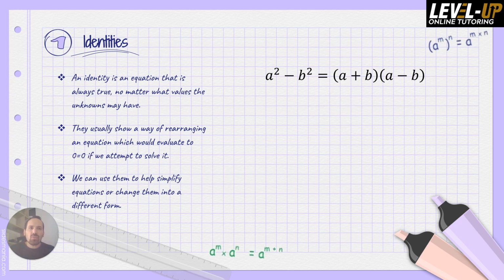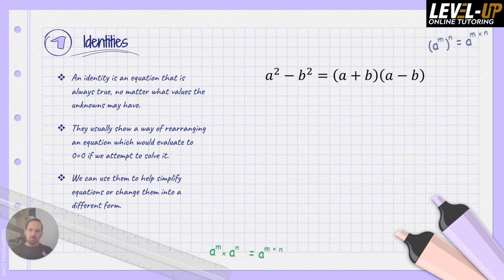Say with a quadratic, for example, where you might have something of the form x squared minus 64 equals 0, and that's an equation we're trying to solve. It might not be in the familiar form, because normally you have three terms, don't you? An x squared term, an x term, and then a constant term.